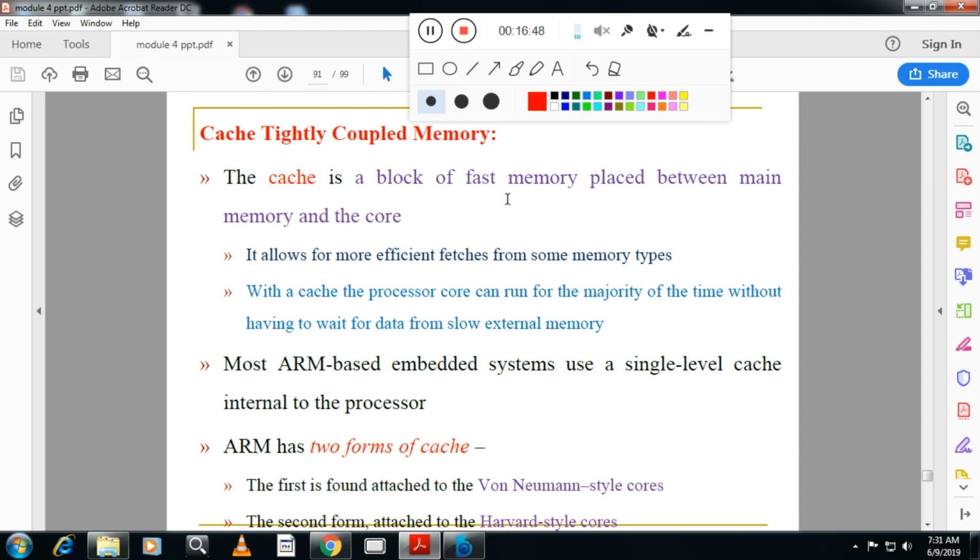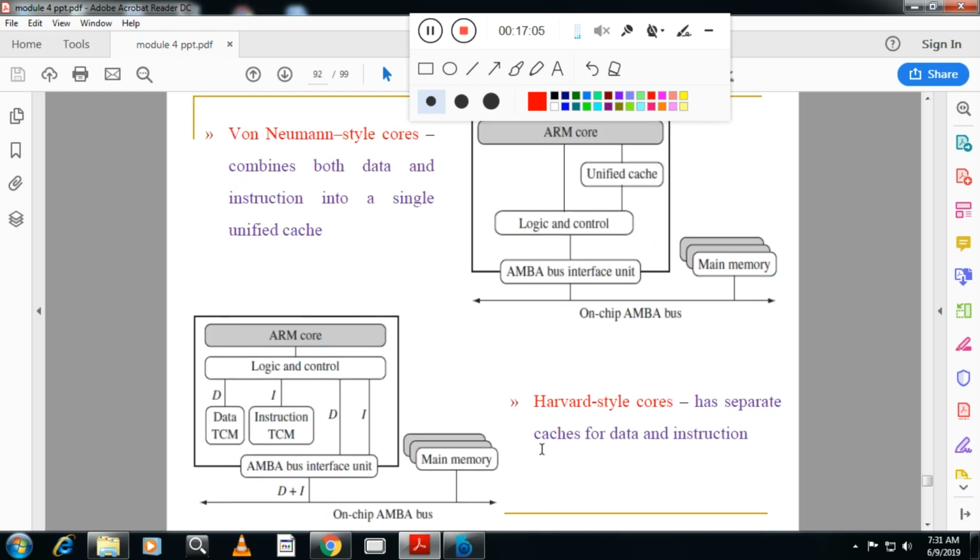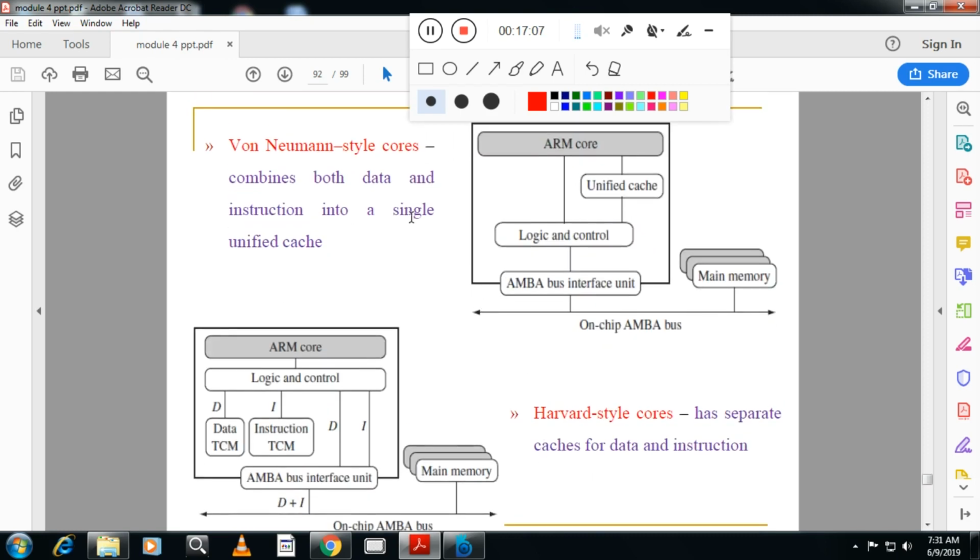Cache is a block of fast memory placed between main memory and the core. It allows for more efficient fetches. ARM has two forms of cache: one is von Neumann and the second is Harvard style. In the von Neumann style, the cache is inside the core, so it is faster compared to access to main memory.